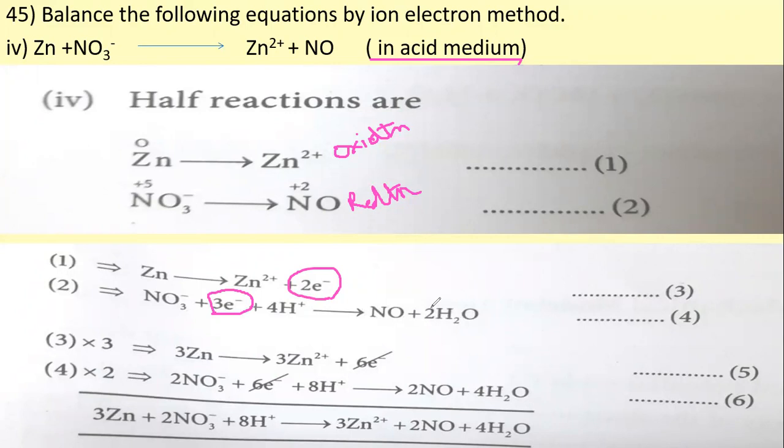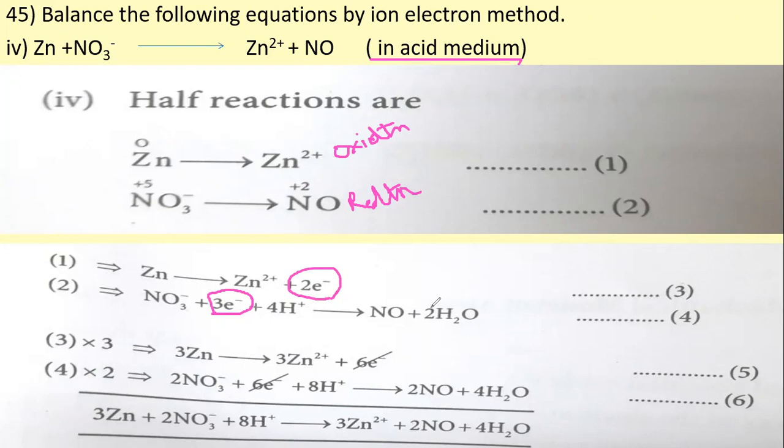So which means 2 into 2, 4 hydrogen in the product side. So in the reactant side also 4 hydrogen. So that gets balanced. So we have to check for the oxygen also. Here 2 oxygen plus 1 oxygen, totally 3 oxygen. So on both sides oxygen also gets balanced, right?